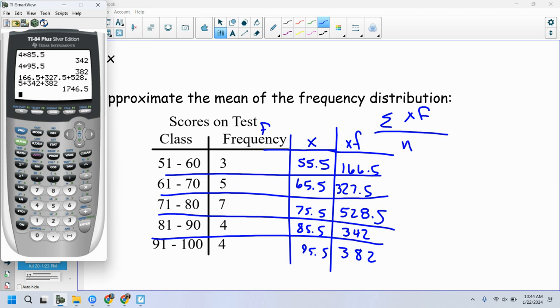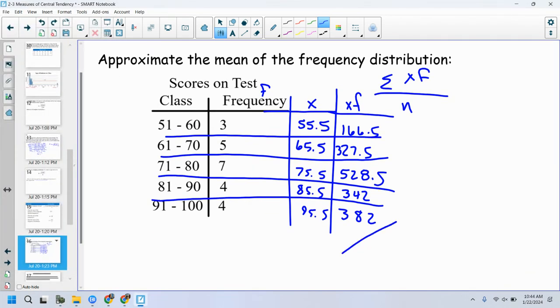So sum of XF is 1746 and a half. 1746.5. Okay, and I need to divide that by N, the total number of people in my study, which is basically the cumulative frequency, right? So 8 plus 7 is 15, plus 4 is 19.